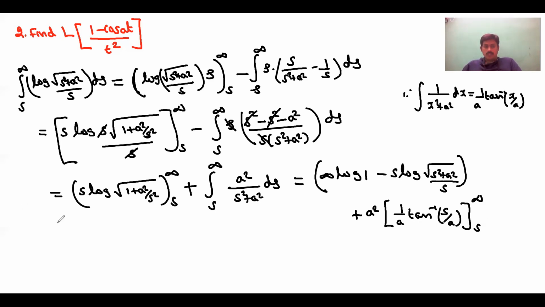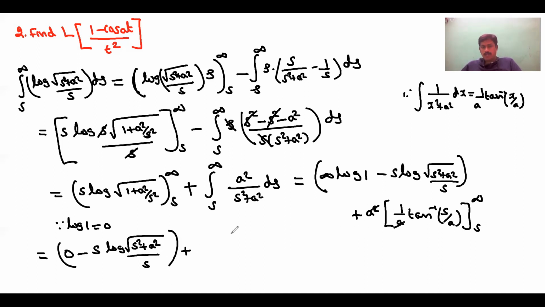Since log 1 is 0, 0 into anything is 0, so the first term is 0 here, minus s into log of square root of s square plus a square divided by s, plus here a and 1 by a will get cancelled. We will get a into, if you apply the upper limit, tan inverse of infinity minus lower limit tan inverse of s by a.